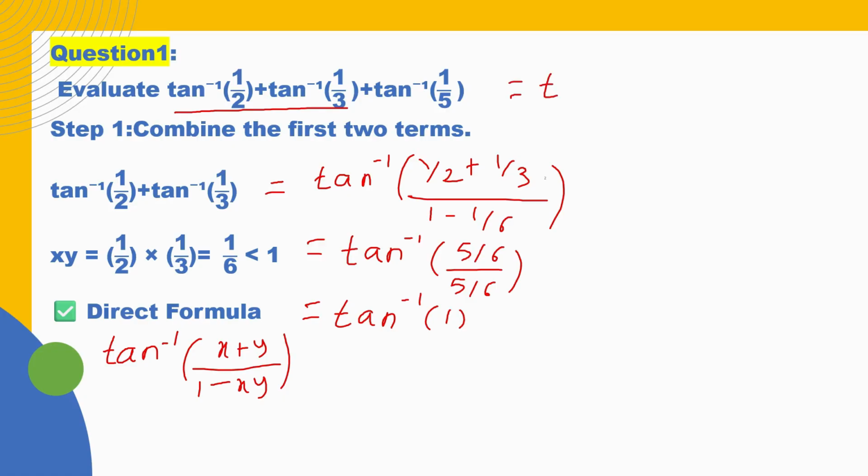We have now the expression tan inverse of 1 plus tan inverse of 1/5. Now let's apply the same formula again to simplify this.